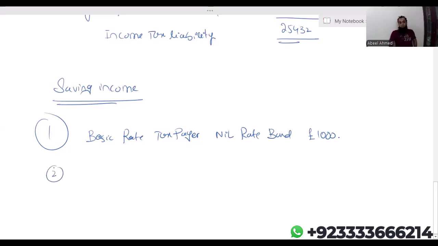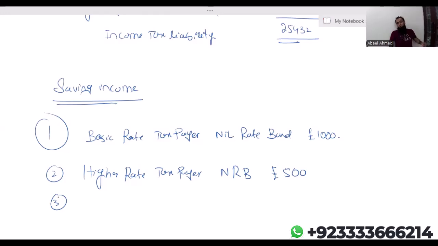What about an individual who is a higher rate taxpayer? Someone who's a higher rate taxpayer still gets nil rate band, but now £500. Third, what about an individual who is really rich?